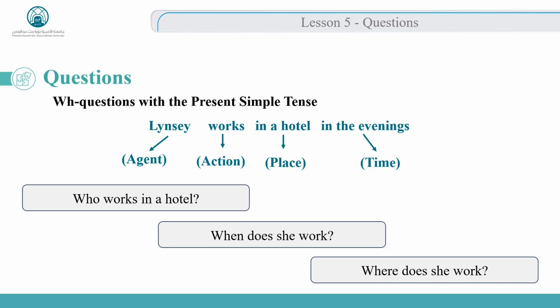These question words like who, when, what, why, they all start with a WH. Actually, the only exception would be how. This is why we are calling this type of questions WH questions, because they start with a WH word.